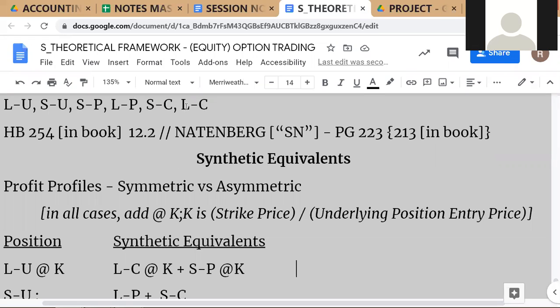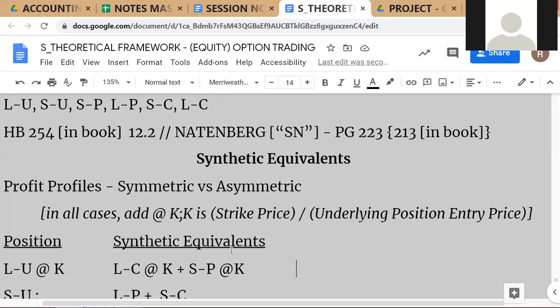So total number of option positions, 4: short put, long put, short call, long call. Correct? In the underlying asset, 2 types of positions are possible: long and short underlying. So total between underlying and options, we can have 6 positions. Clear? Everybody? Yes, sir.